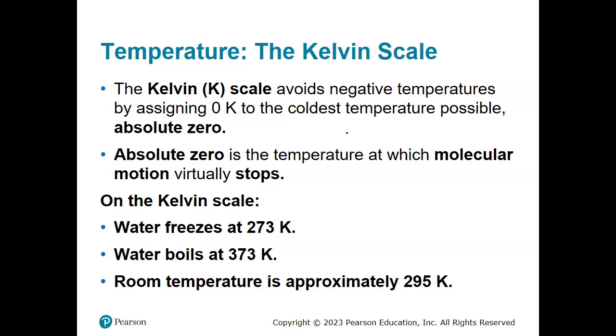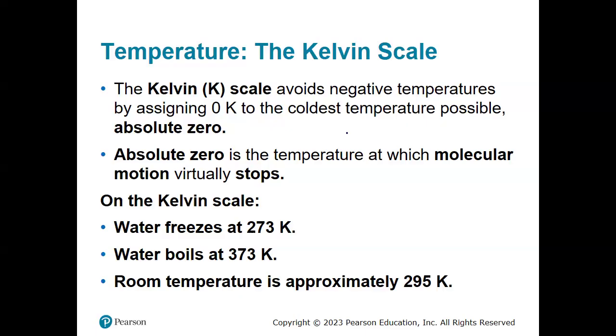So if I have no molecular motion, I have no thermal energy. That sounds like a good reason to have something be 0 if it's describing nothing. Everything else is relative to that 0 mark. That's what makes the Kelvin scale superior to the other scales.